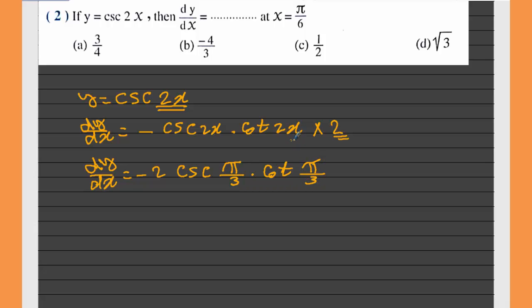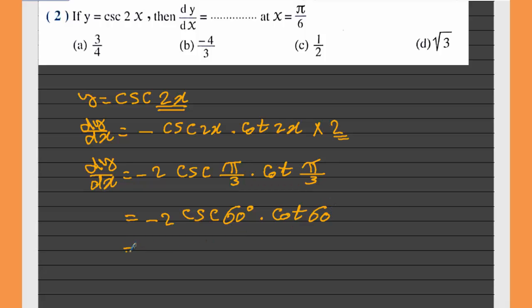Substituting x equals pi over 6, pi over 6 multiply 2 equals pi over 3. Now we can change the radian measure to degree measure. So we have negative 2 cosec, considering pi equals 180, 180 over 3 equals 60 degrees, dot cotan pi over 3 is 60.